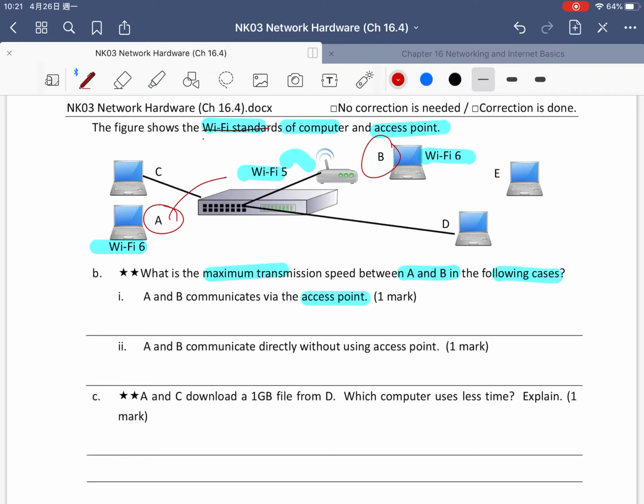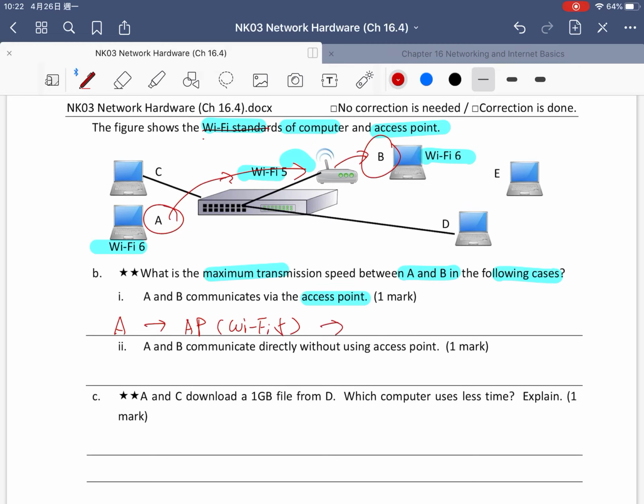That means A connects to the access point and the access point connects to B. Because A to the access point uses Wi-Fi 5. For the communication, you have to use the common speed. Wi-Fi 5 is slower, so the AP and computer A must use a lower speed.